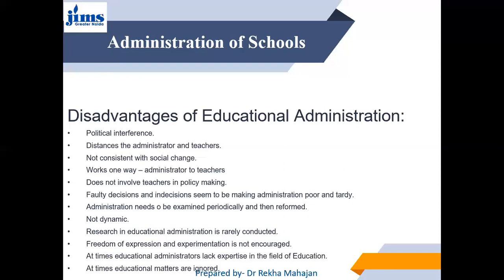Faulty decisions and indecisions seem to be making administration poor and tardy. At times, it could be just one person taking a decision, or it could be a group of people taking decisions. If that decision is faulty, it's going to affect the functioning of the school. And indecisions. Many a time, decisions are not being reached, and the matter is not solved or sorted out.